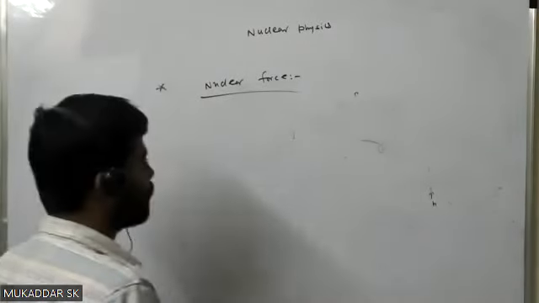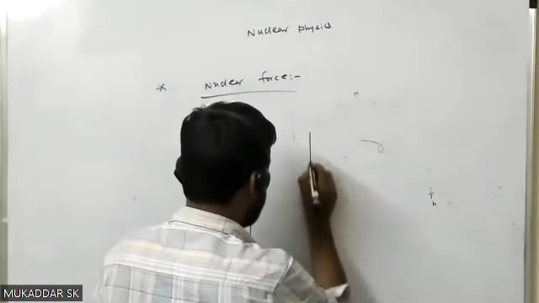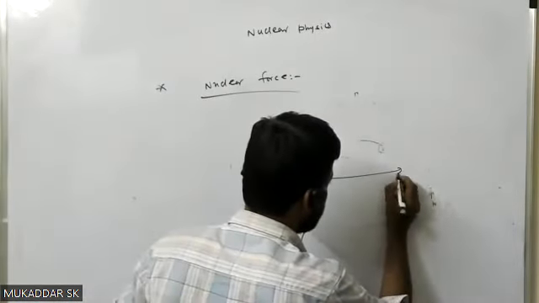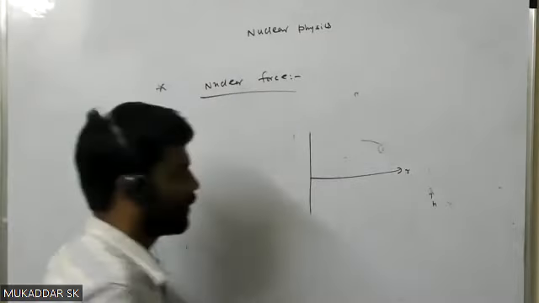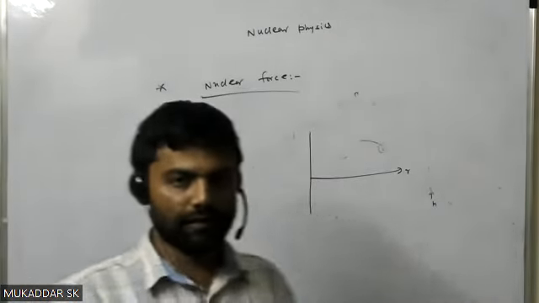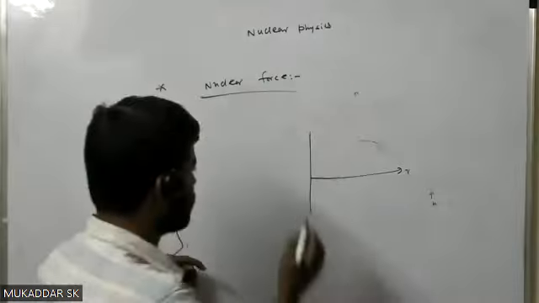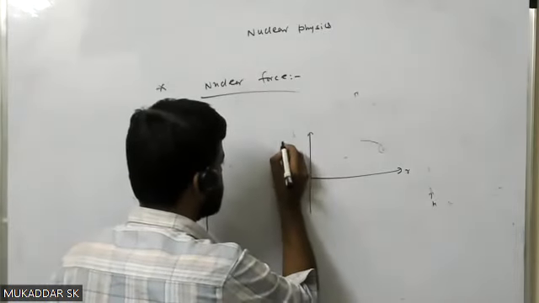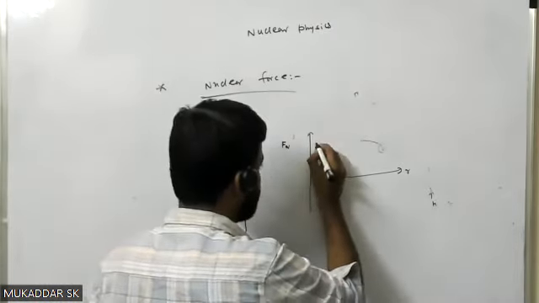If you see the nature of the plot of nuclear force, that is also important. This is R along the x-axis representing separation between two nucleons, and this side you have the nuclear force, Fn. The nature of the force is like this.